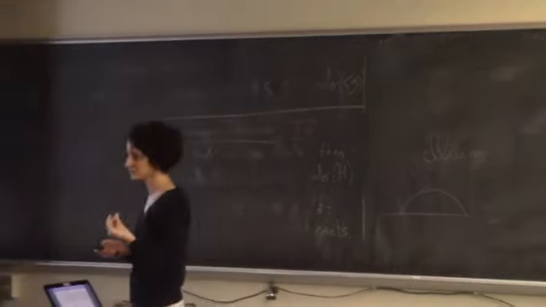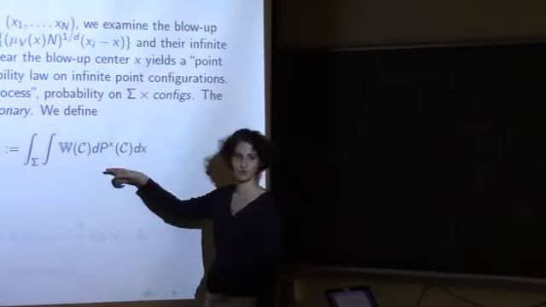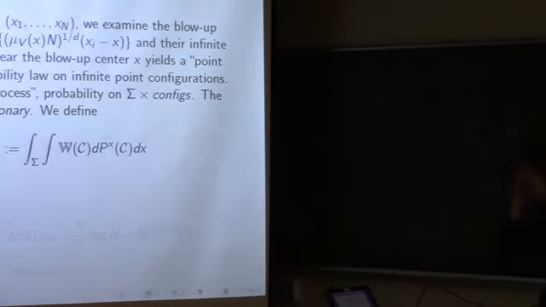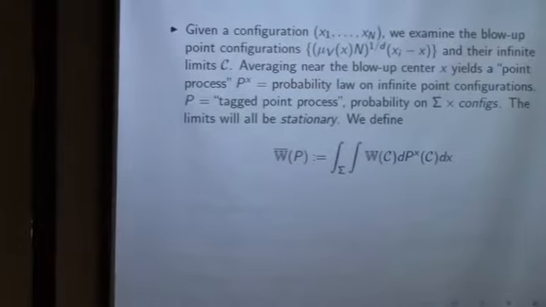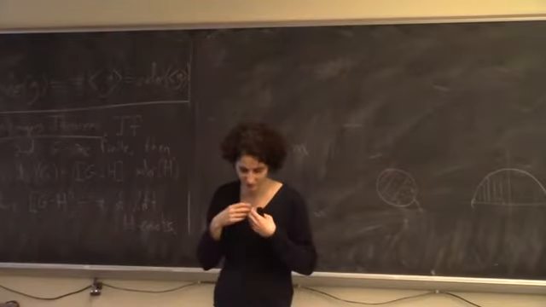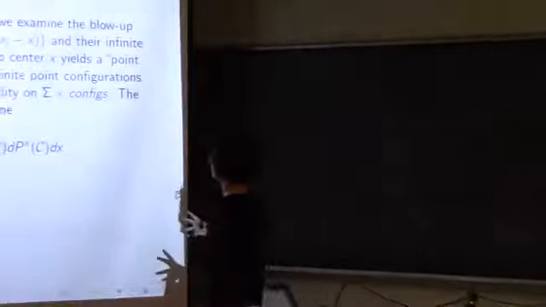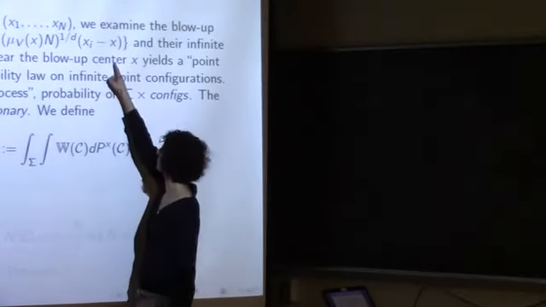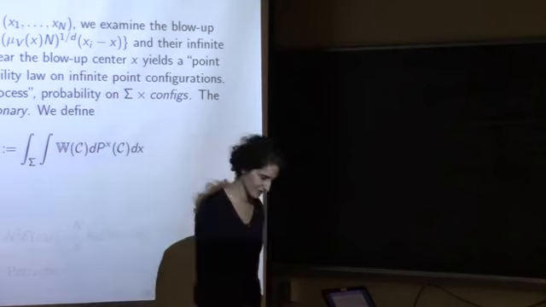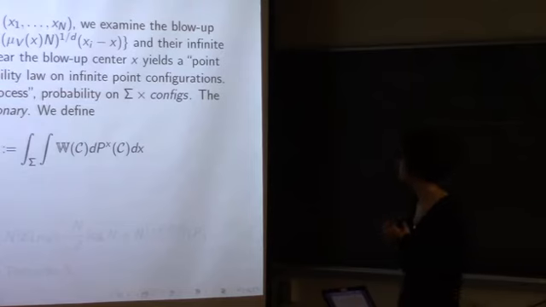And then I told you that we were going to average W with respect to the blow-up centers. So this is what is described in this long paragraph with more words. So we're given a configuration, and for now it's just a generic configuration. We zoom near a point X. We zoom at this scale, mu n to the 1 over d. And that's how we obtain these configurations that have density 1.